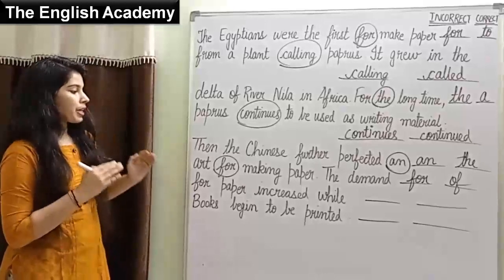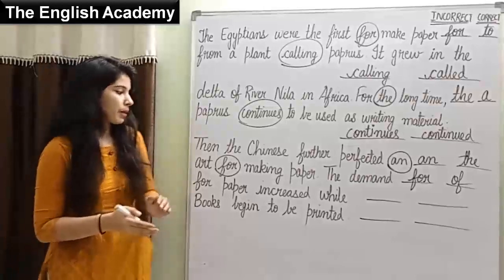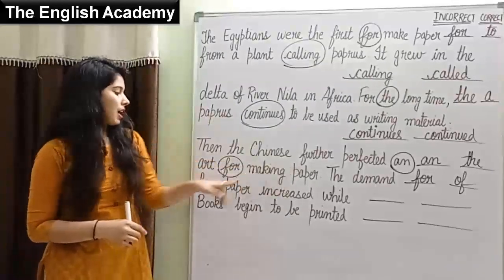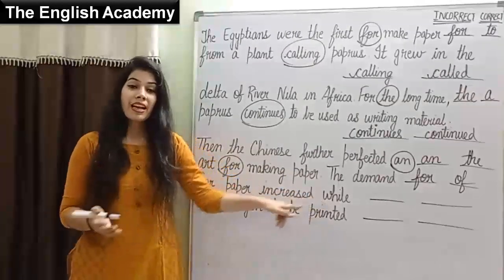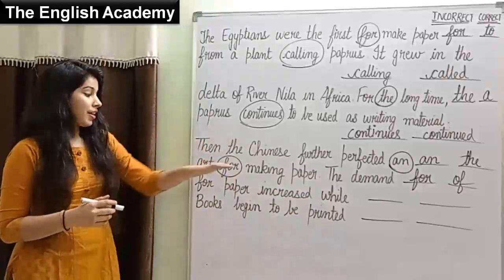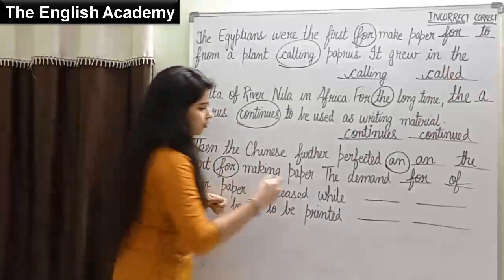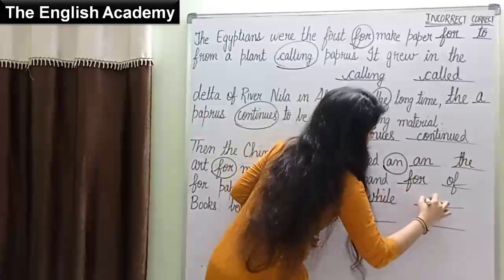The demand for paper increased while books begin to be published or printed? First of all, the demand for paper increased. Why? Why is not at all correct here. When books begin to be printed. So, while isn't correct.